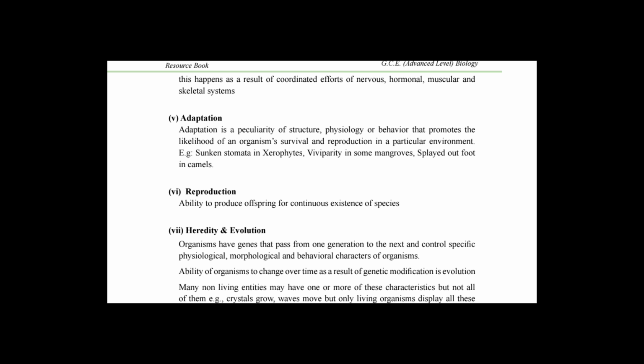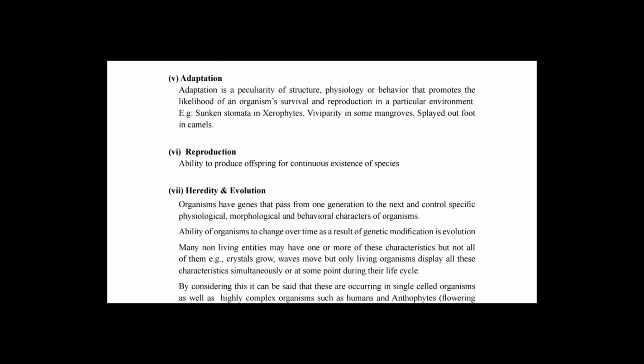The fifth characteristic is adaptation. This is also an important definition. Adaptation definition they used to ask in exam papers. Okay, even in our term test papers they might ask. So remember this as well. Adaptation is a peculiarity of structure, physiology or behavior that promotes the likelihood of an organism's survival and reproduction in a particular environment.